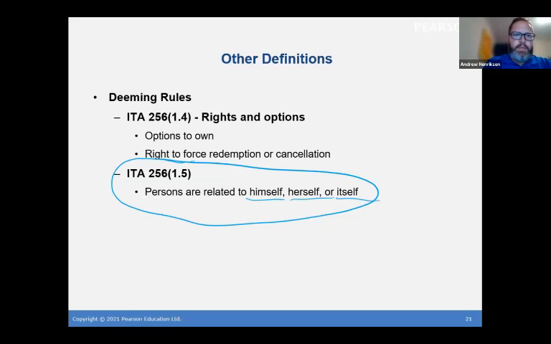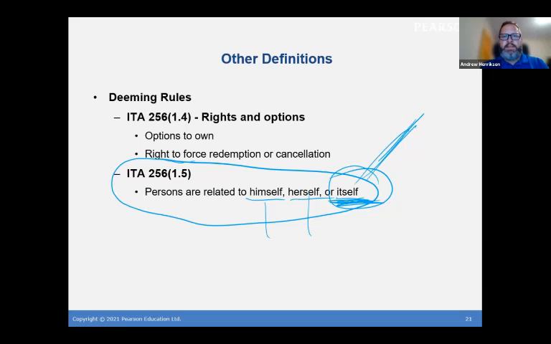Okay. So what the heck does that mean? You are related to yourself. Put most simply. So we have himself, herself, itself.